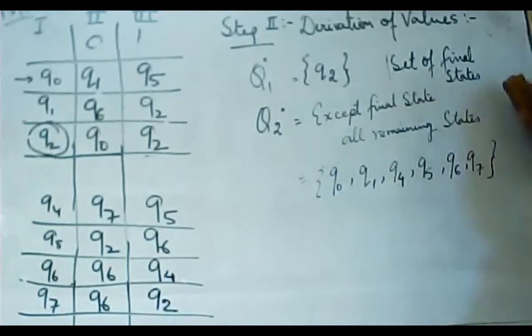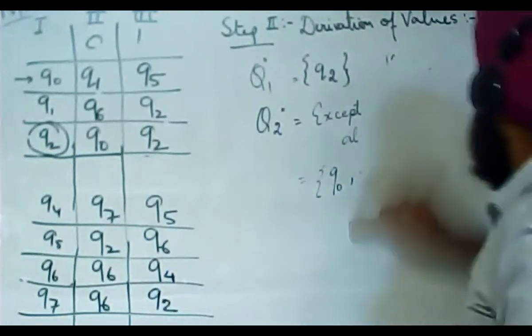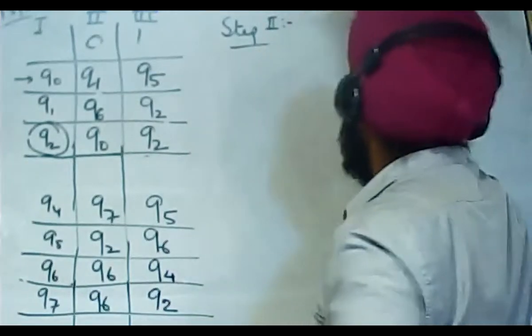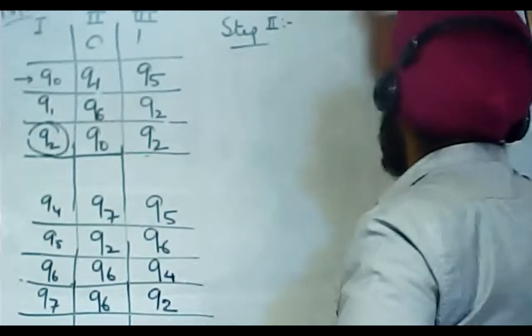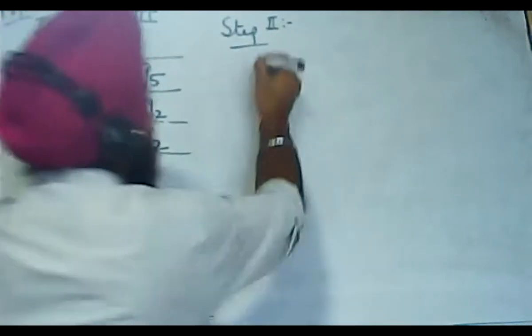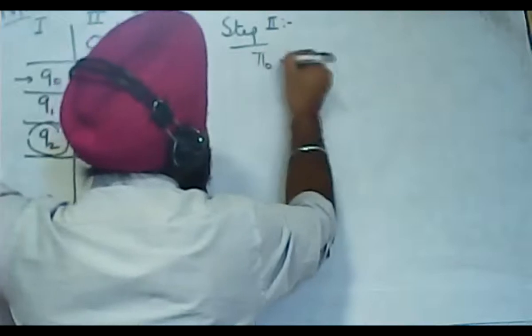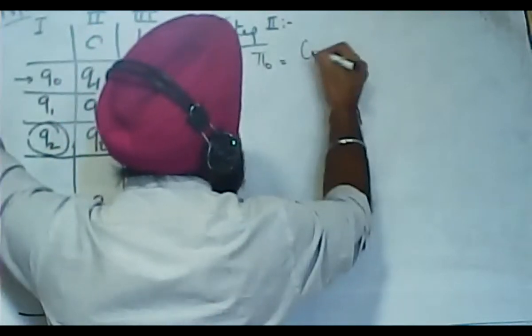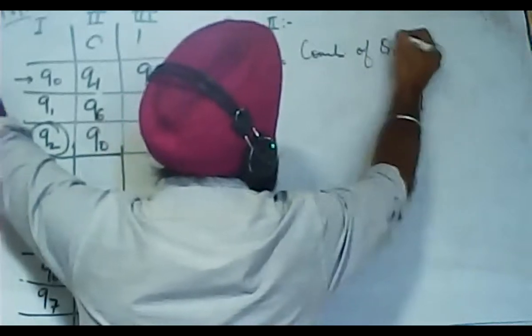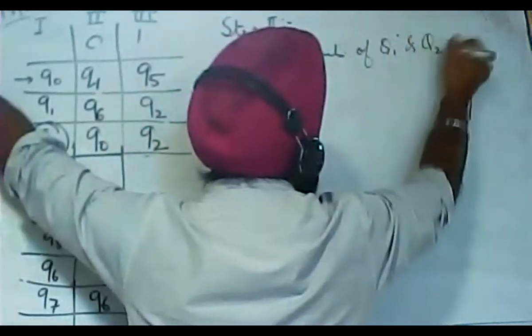So after this, the derivations of pi naught, pi 1 and so on up to pi n will be continued, right? So first, pi naught. Pi naught is equal to the combination of Q1 degree and Q2 degree.